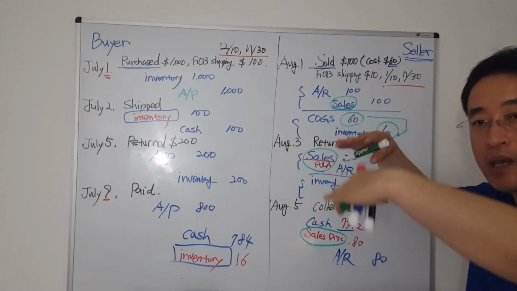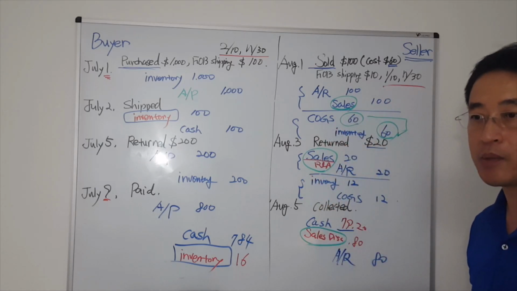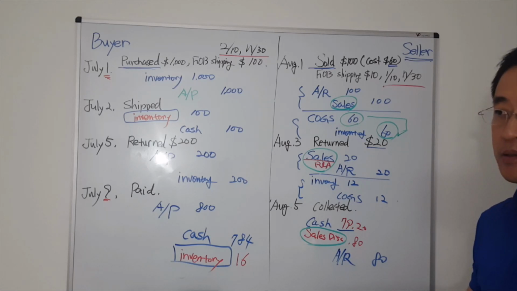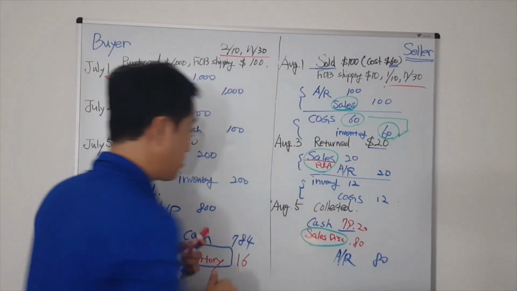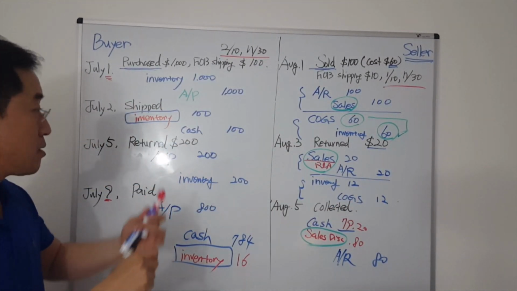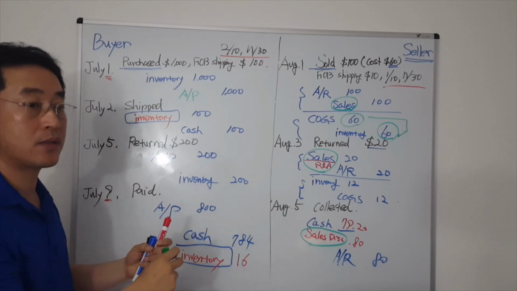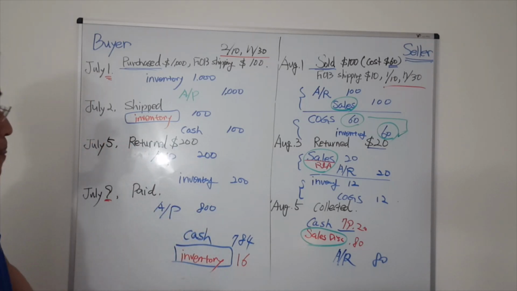That's how we operate the perpetual inventory system to have real-time balances. I know it's a little bit confusing, a very confusing concept. We need to practice a lot. I'm going to introduce several practice questions for that.